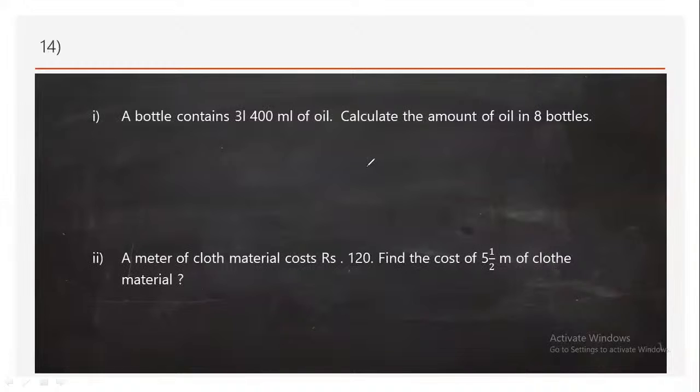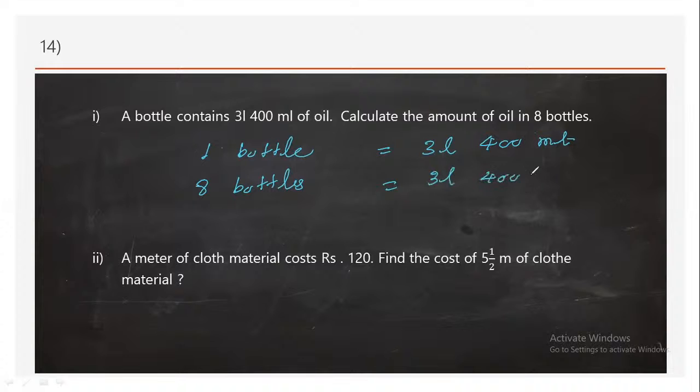A bottle contains 3 liters, 400 milliliters of oil. Calculate the amount of oil in 8 bottles. 1 bottle, 8 bottles. Then 8 bottles, it is 8 times, right? 3 liters, 400 milliliters into 8.